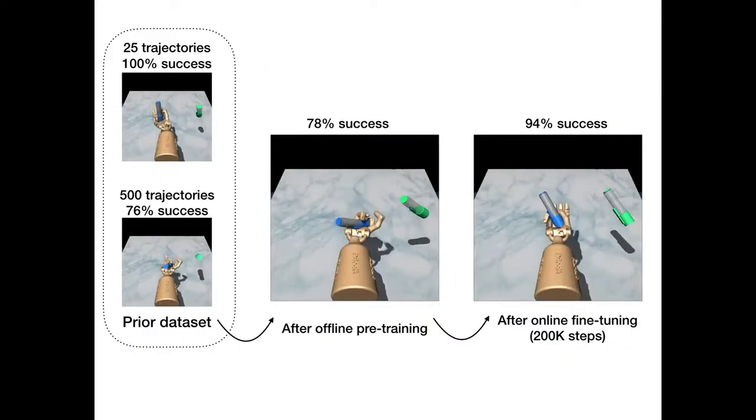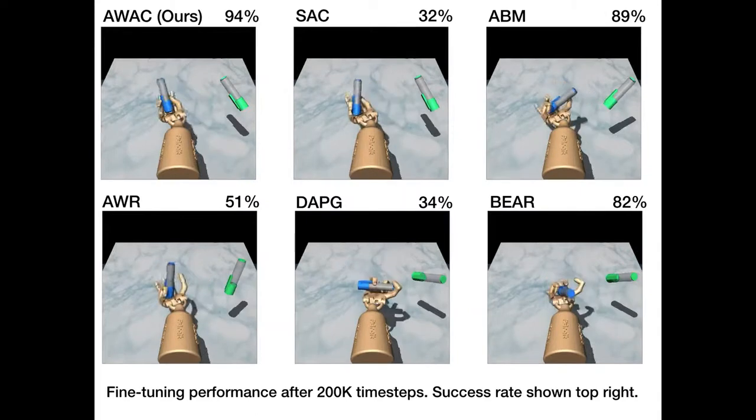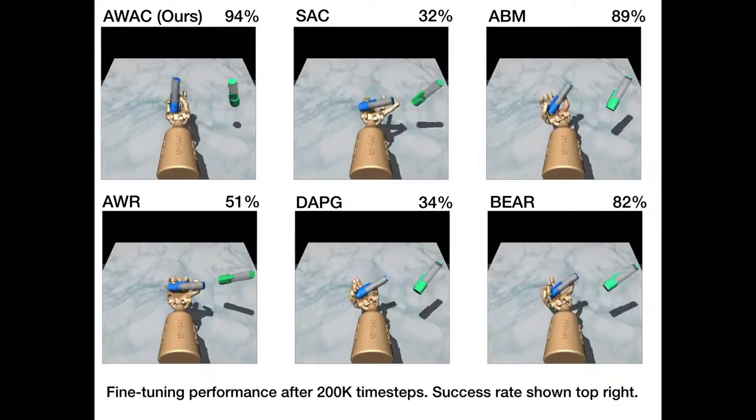This in-hand pen rotation task is relatively easier and can be learned to reasonable proficiency by offline pre-training. But we see that AWAC performs best after fine-tuning compared to the prior methods.